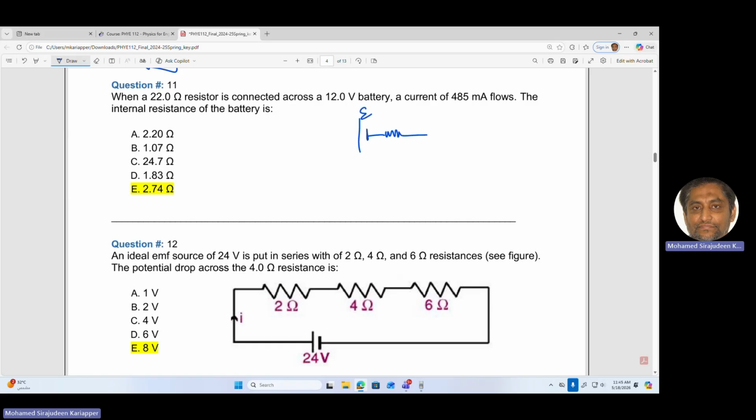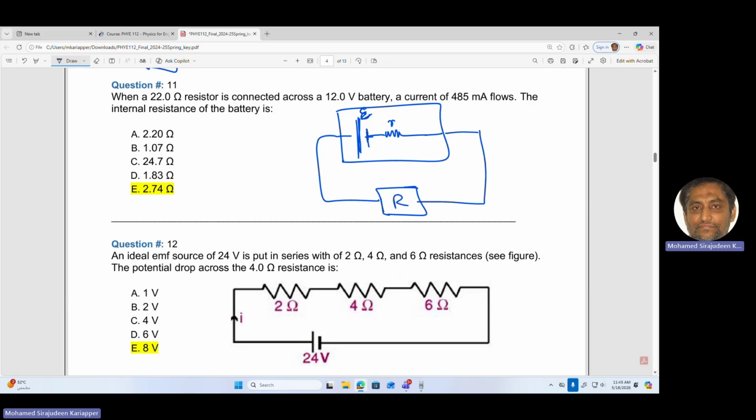We can say a perfect battery will be broken into 2 parts: an ideal battery with the voltage of E and an internal resistance r, connected to a load, an outside resistance. This is what the question is talking about. You have a battery with its internal resistance, connected to an external resistance R.